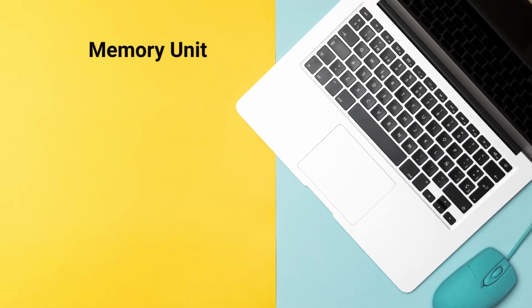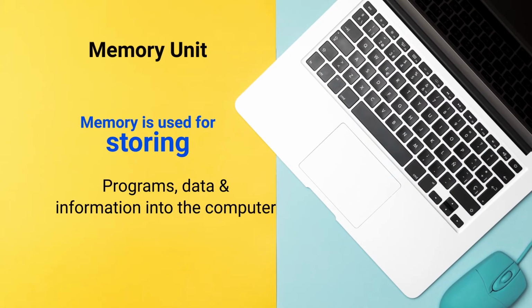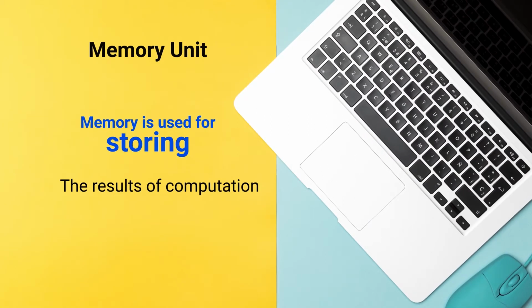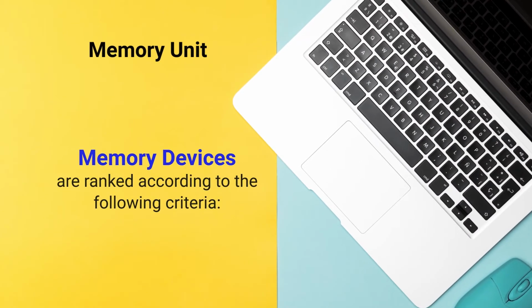As we know, memory is used for storing programs, data, and information in the computer. Besides that, once the CPU performs an operation, the intermediate result and final result are also stored in the memory unit.